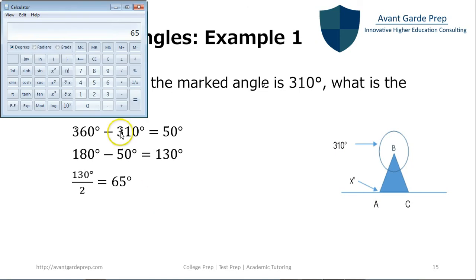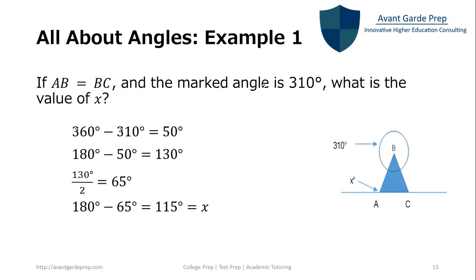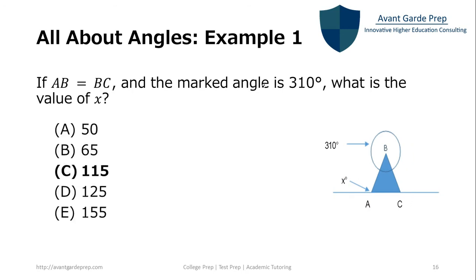So let's go ahead and do that. 180 minus 65, and that's going to give us a value of 115 degrees. So when you subtract 65 from 180, that gives us 115 degrees, and that's actually the value of x, which turns out is answer choice C. So answer choice C is the correct answer.